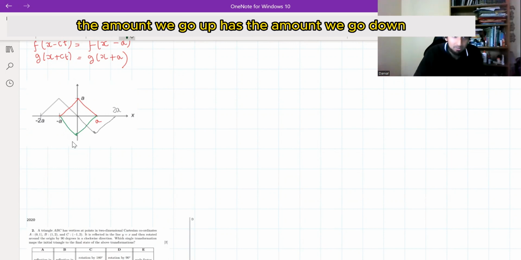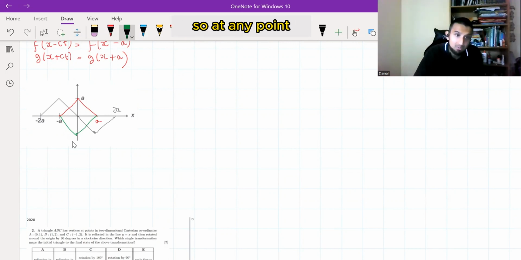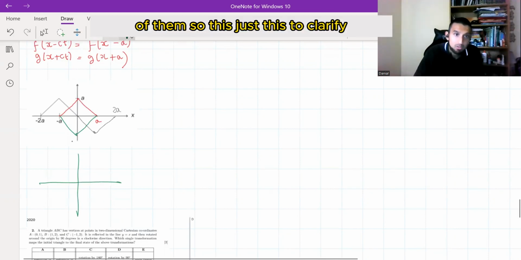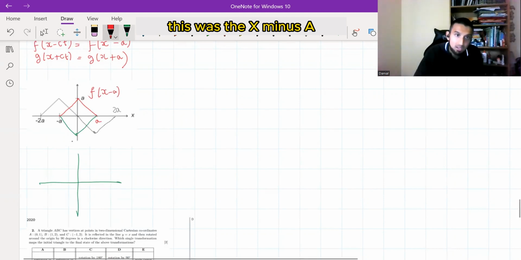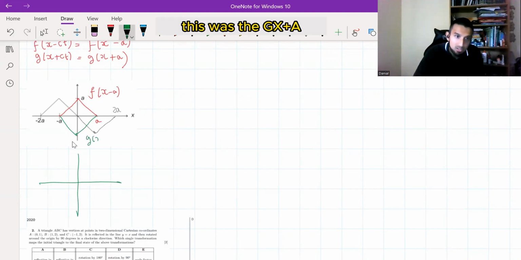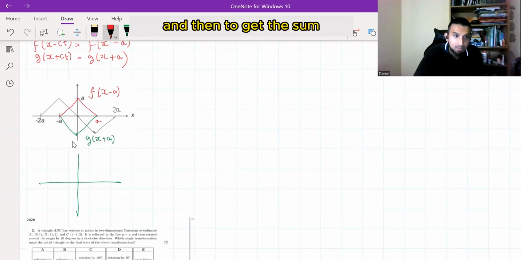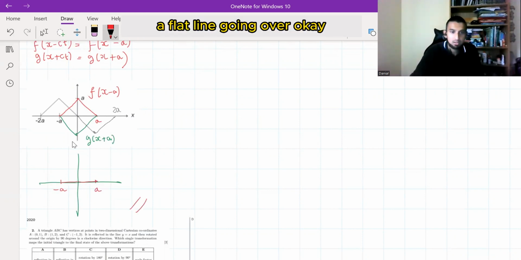The amount we go up here is the amount we go down. So at any point, it will be minus a plus a, 0, a minus a, 0. So the sum of them, so just to clarify, this was the f(x) minus a, this was the g(x) plus a, and then to get the sum, it will just be a flat line going over it. Okay, well, that's it.